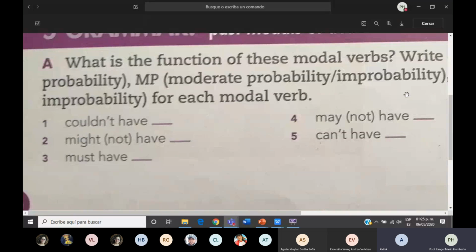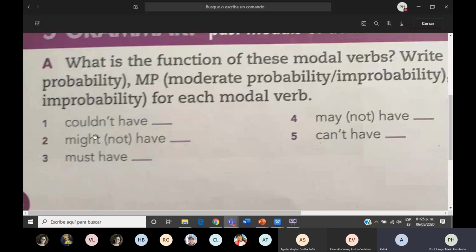Pero cuando está negativo nada más. Sí, cuando está en positivo es así como que, bueno, pues pudo haber sido. Pero cuando está en negativo es no pudo haber sido, y estoy casi seguro. ¿Sí? Afirmativo, could have, pasa a moderate probability. Sí, if we have a negative, couldn't have, is a strong improbability.